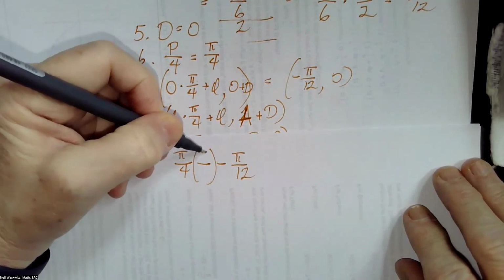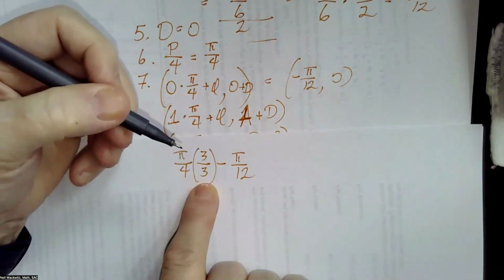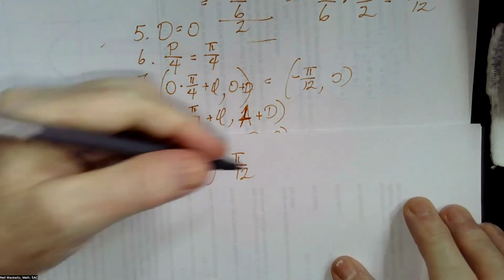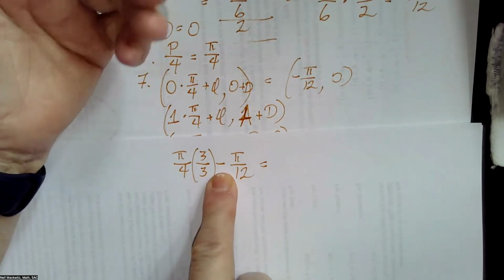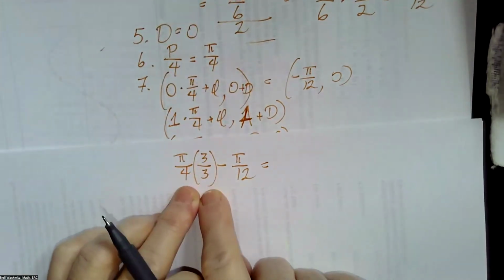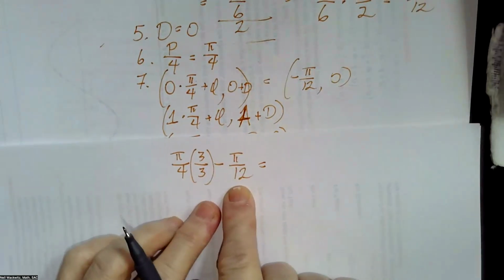Good. And that's because 4 times 3 is 12. And once we have the same denominator, we can combine. I'm using the word combine rather than add since we're subtracting. So we've got 3 pi over 12 minus pi over 12.